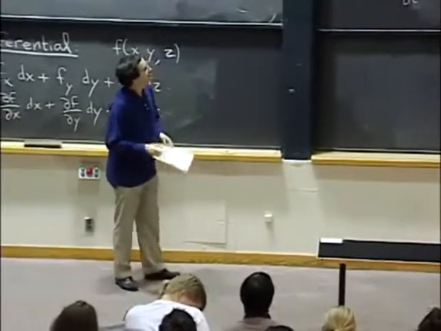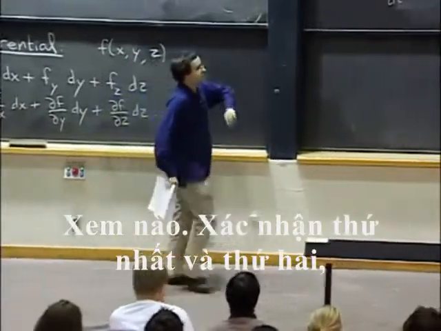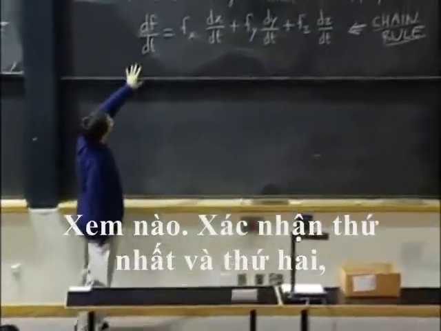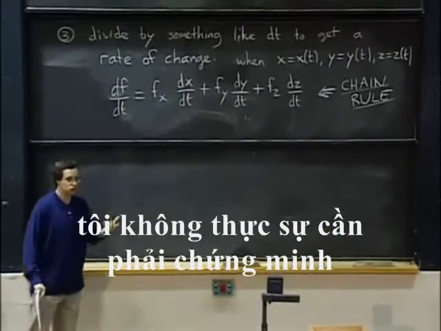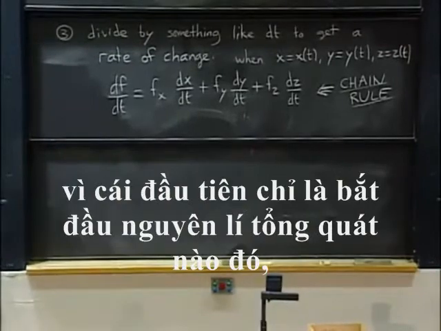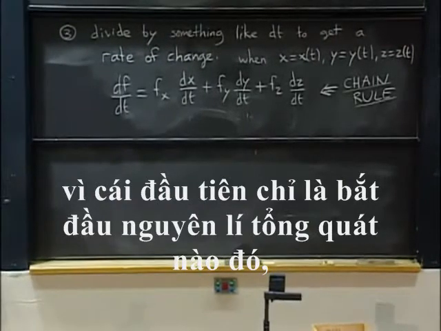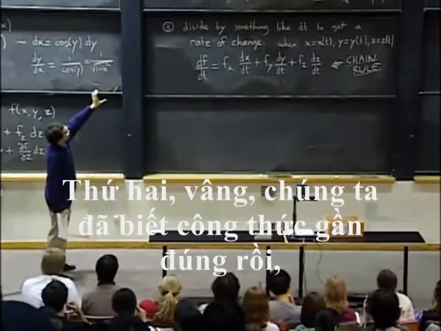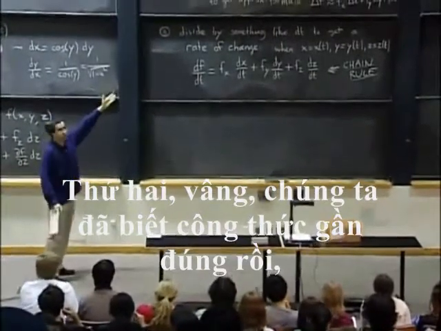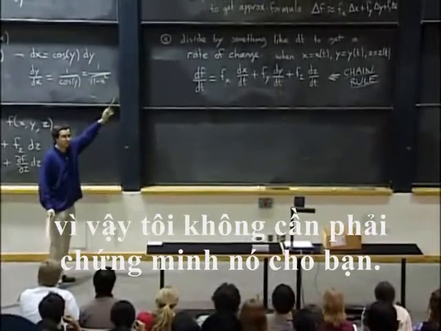Okay. So let's see. So the first and the second claims I don't really need to justify because the first one is just stating some general principle, but I'm not making a precise mathematical claim. The second one, well, we know that approximation formula already, so I don't need to justify it for you.